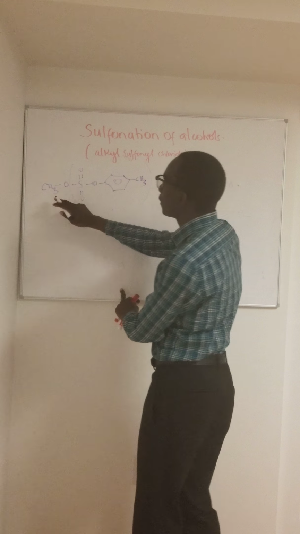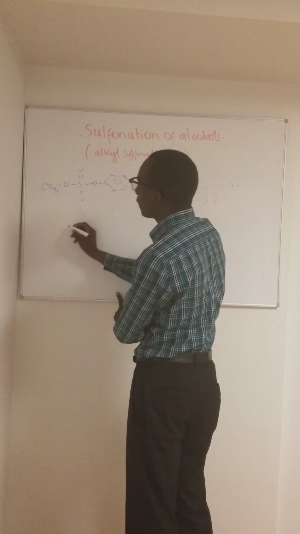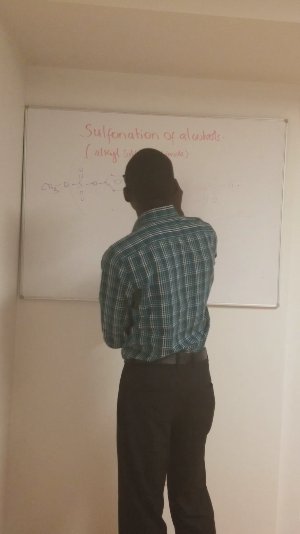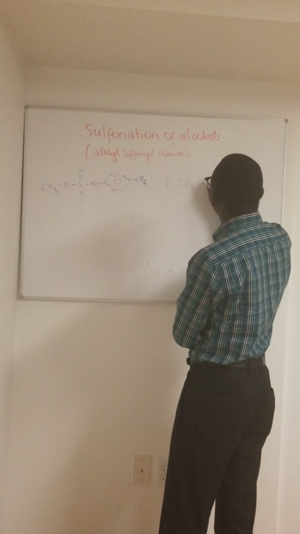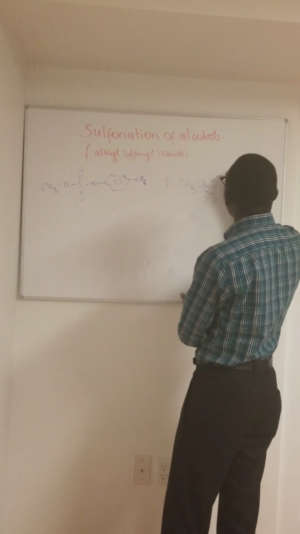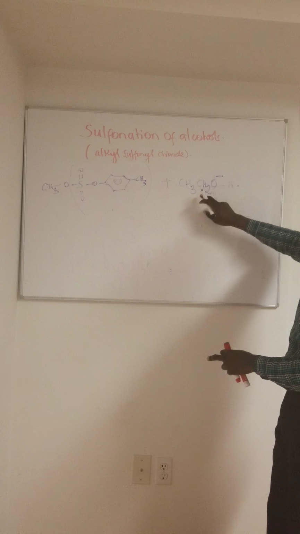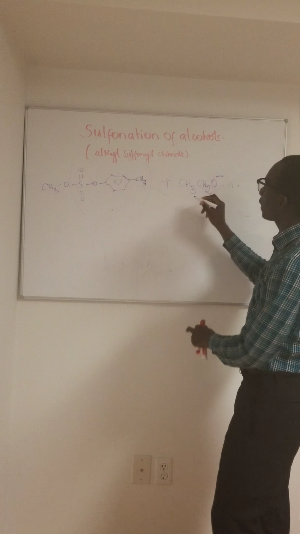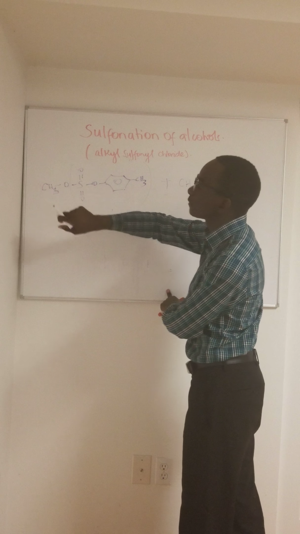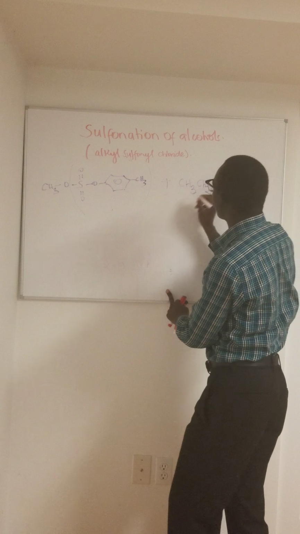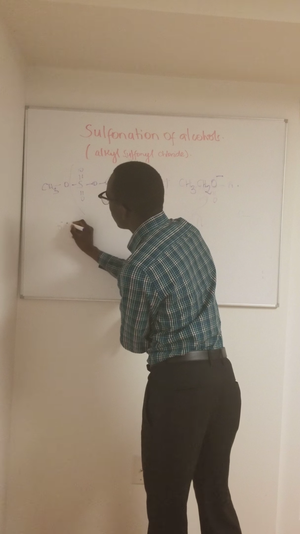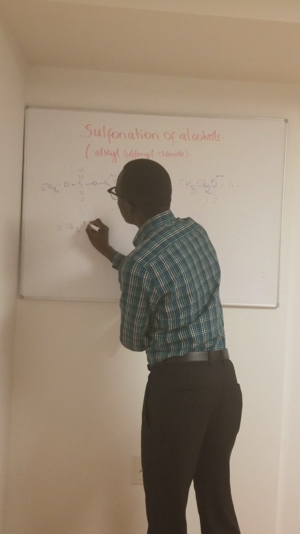For example, if I want to make an ether, what I will do is bring in an ethoxy group. This ethoxy group will attack this carbon, and this whole bunch of compound will break off. So if we draw this here, I'll show you how it goes.